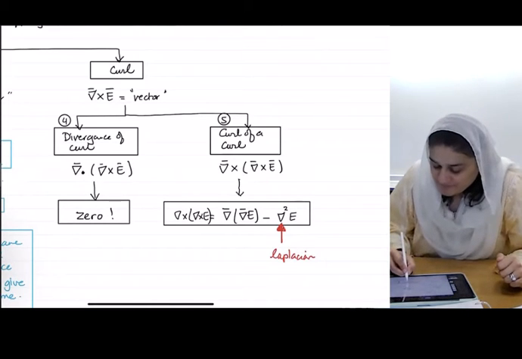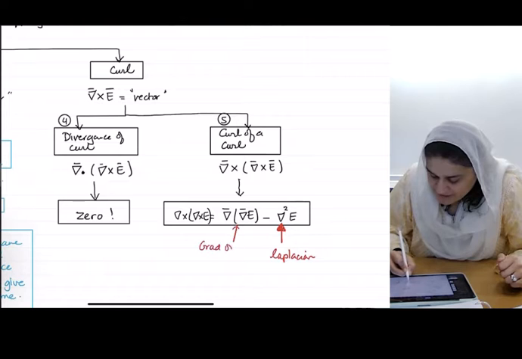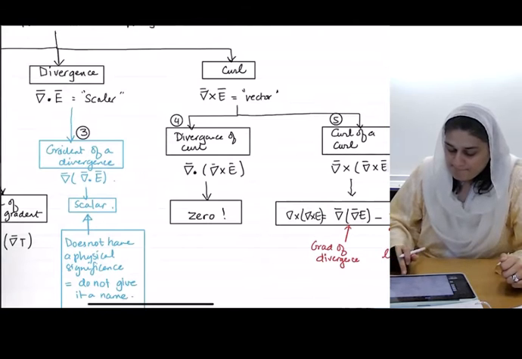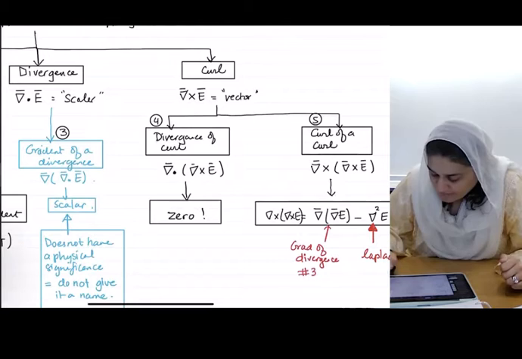And what is this? This is the gradient of divergence, which is number 3.